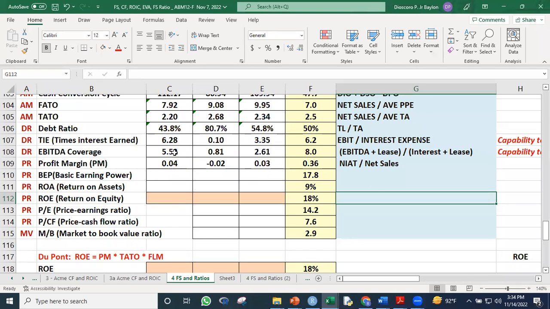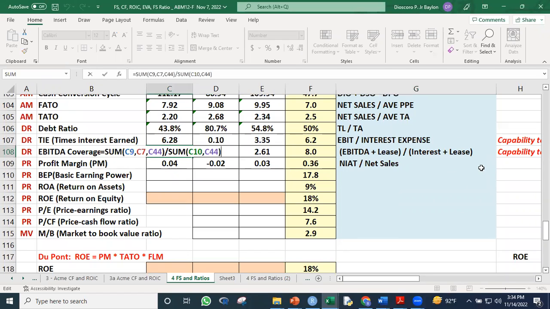Wait, sorry. I forgot to flash the formula for EBITDA. For EBITDA coverage, what I did was just to sum your EBIT plus your depreciation and amortization and your lease payment. Kasi, di ba, ang EBITDA is EBIT plus depreciation and amortization.